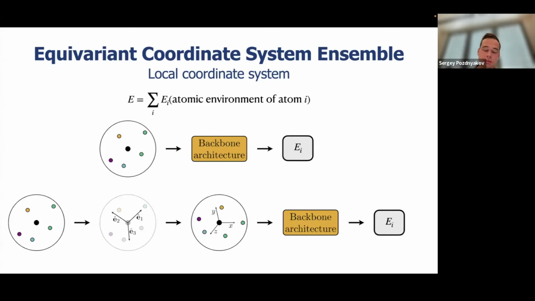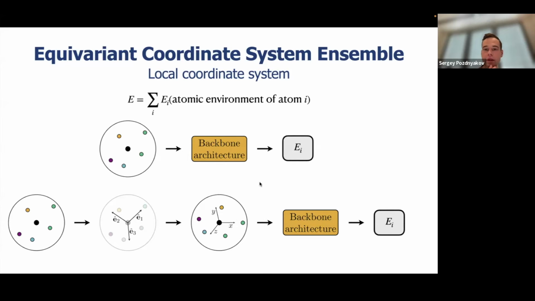Actually, it is quite straightforward. We should define somehow a local coordinate system which is rigidly attached to our atomic environment. Next, if we have such a local coordinate system, we can project our atomic environment onto this local coordinate system.